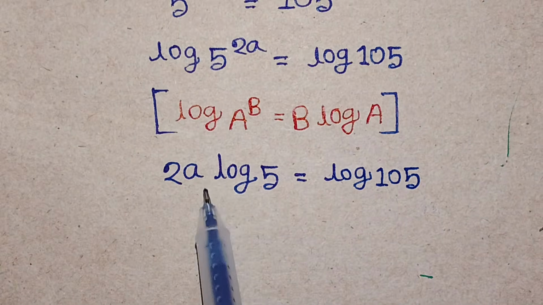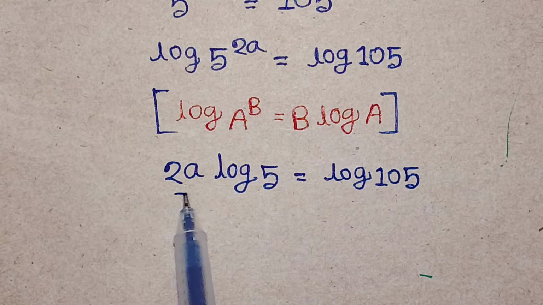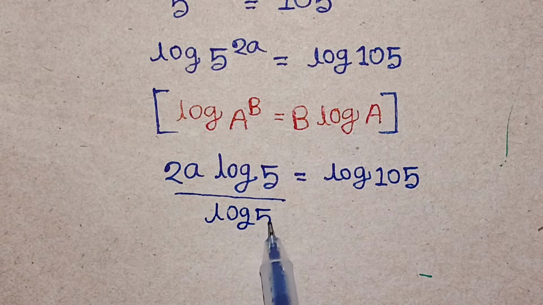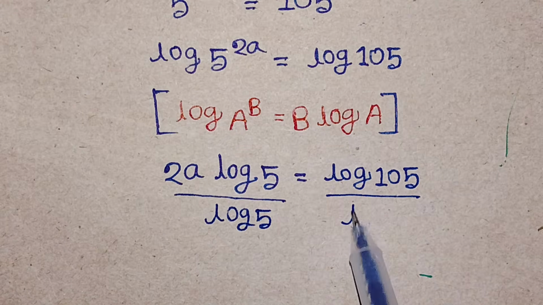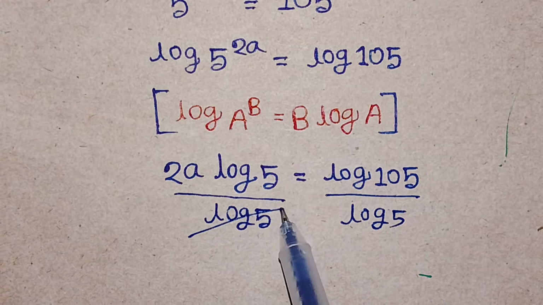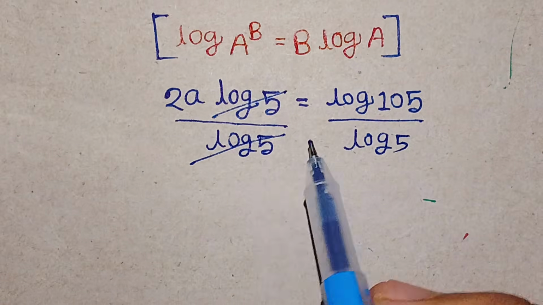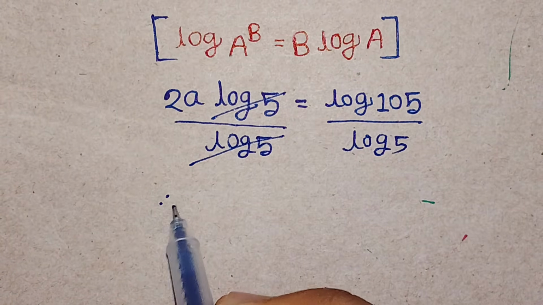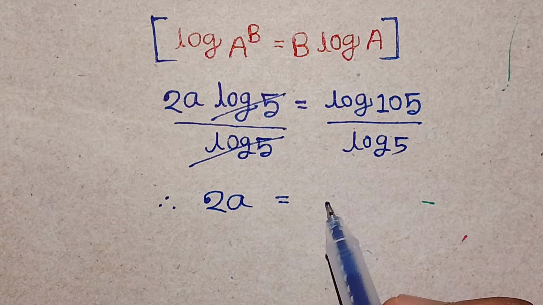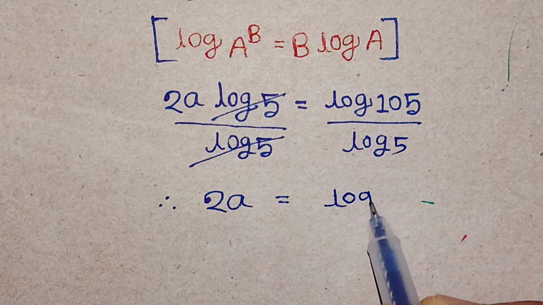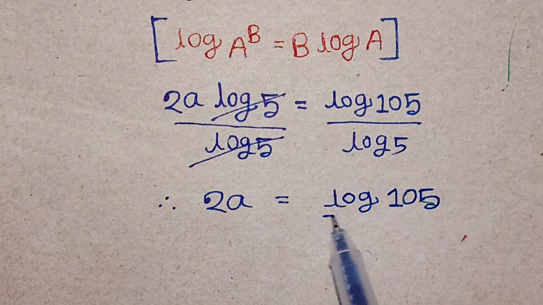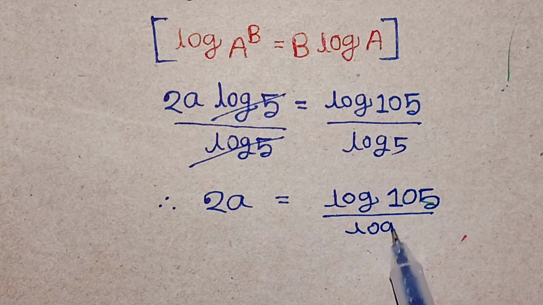Okay, so after this we will divide both sides by log 5. Then on the left side the log 5 will cancel out and we'll get 2a is equal to log 105 divided by log 5.